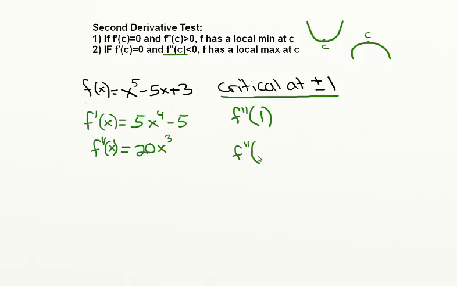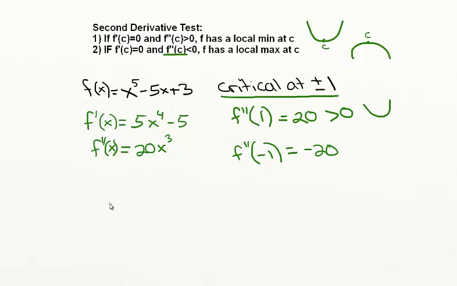And f double prime of 1, that's just going to be 1 cubed is 1, times 20 is 20. And then negative 1 cubed is negative 1, times 20 is negative 20. So f double prime of 1 is greater than 0, and if it's greater than 0, that means we have concave up. Concave up means there's a min.